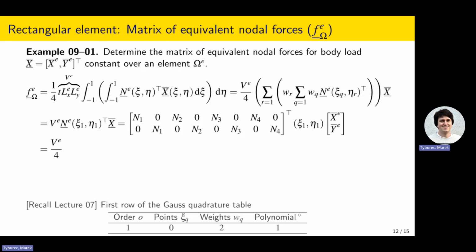So it means that for that component, we distributed 1/4 to this node, 1/4 to this node, 1/4 to this node, and 1/4 to that node. And for the y component, we did the same. Right? Because those are related to the x direction, and those are related to the y direction. So in a sense, it makes sense that the result looks like this.